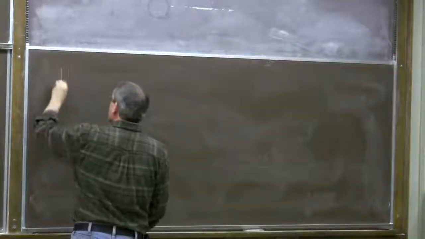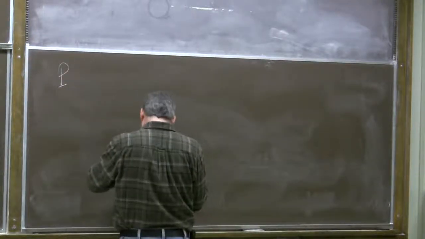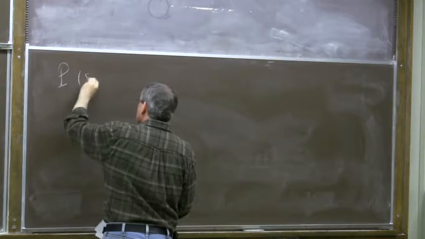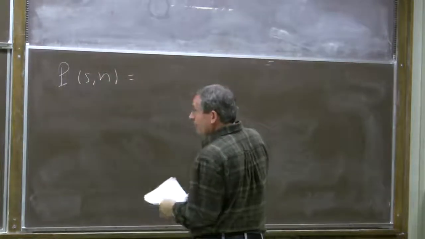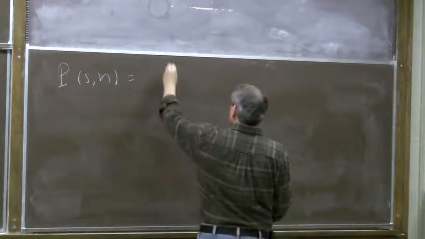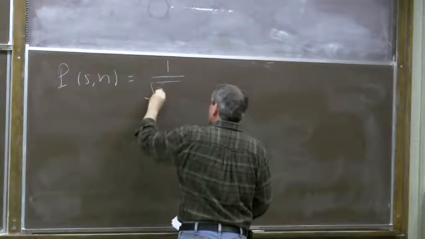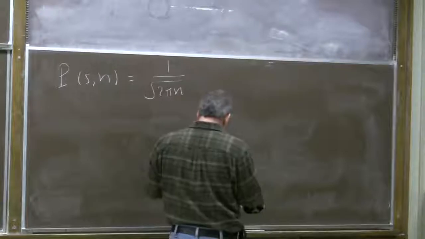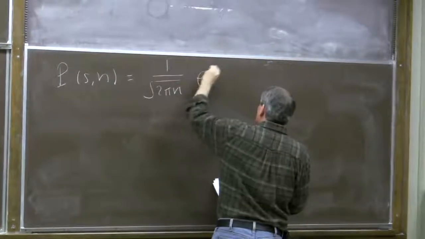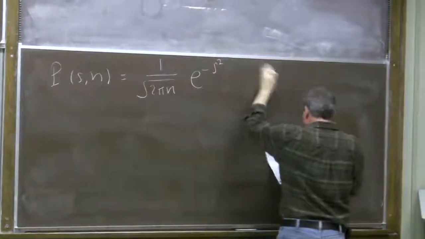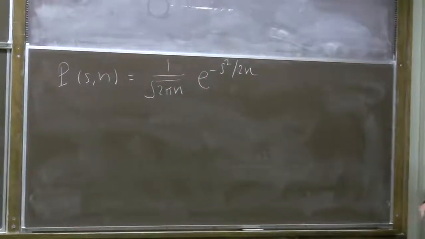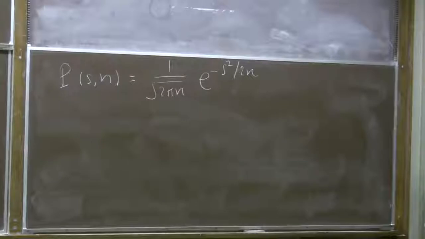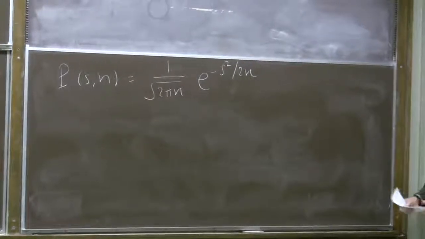From the analysis we did, flipping a coin many times back in the first week of the class, the probability distribution for s after n flips, or n time steps, is 1 over the square root of 2 pi n, e to the minus s squared over 2n, using the Stirling approximation, which we can justify when n is large.